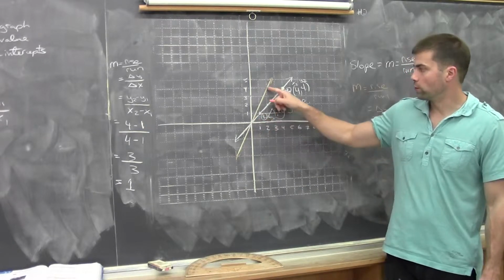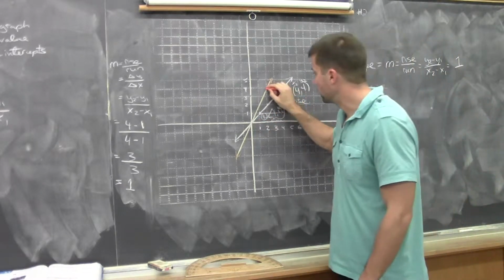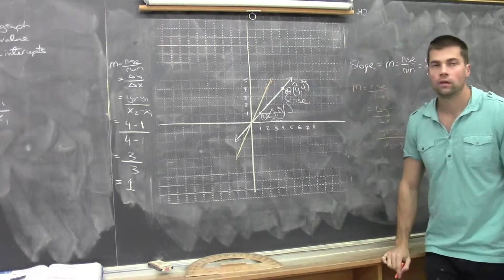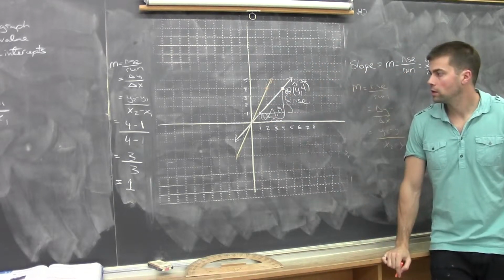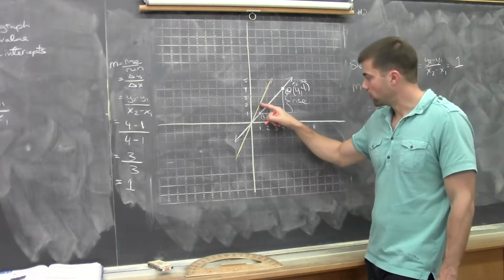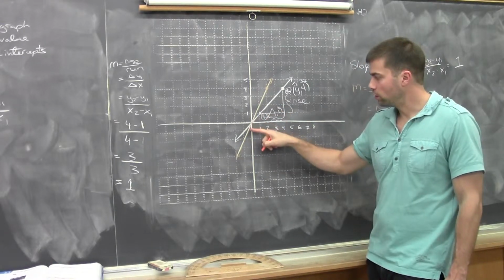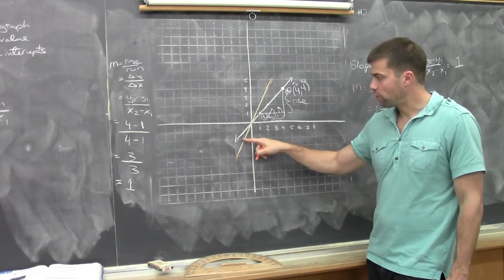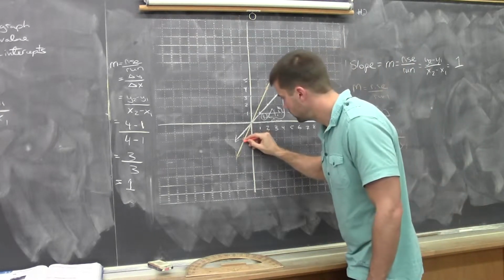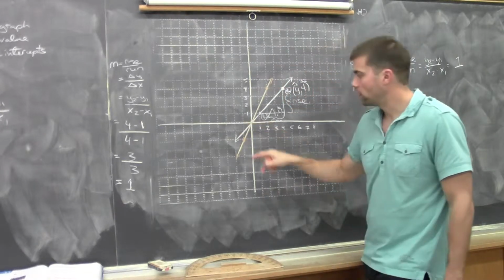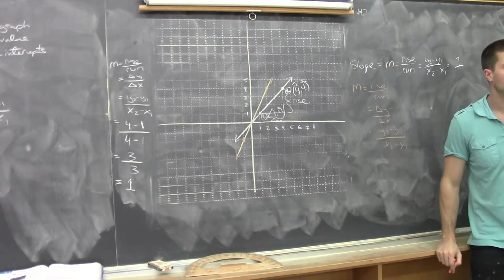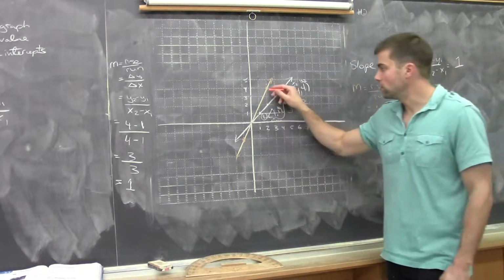So 2, 4, you mean? Yeah, 2, 4, good. And 1, 2. Okay. How about we just make it interesting? We'll go into the negative. So negative 1, negative 2. Is that okay?